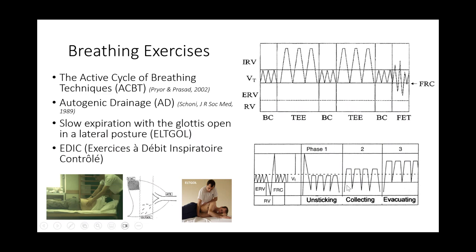Once they start to move, you come up to a mid-lung volume, and again, carry on breathing at that level until the secretions are moving, and then come up to a high lung volume, which involves the secretions being evacuated. And what autogenic drainage does is it aims to achieve a high expiratory flow by narrowing the airway through the open glottis with a forced expiration, and slow inspirations with inspiratory holds. So all the time moving the secretions up.